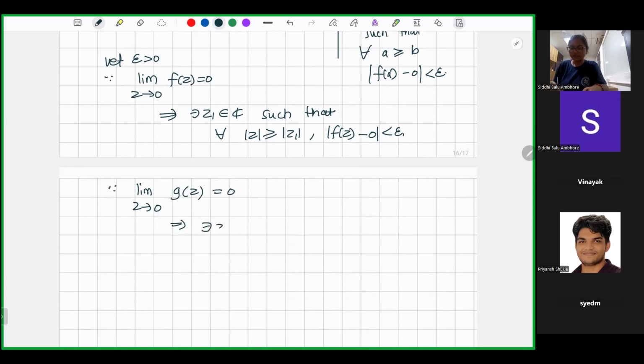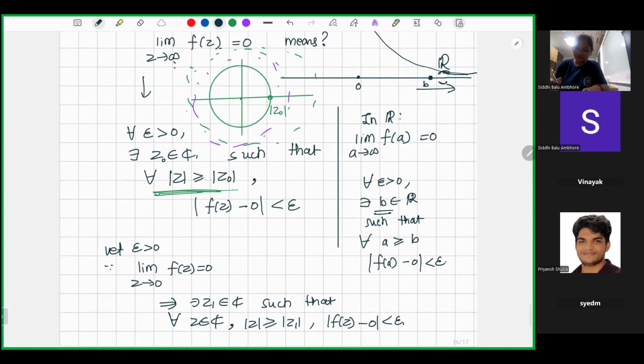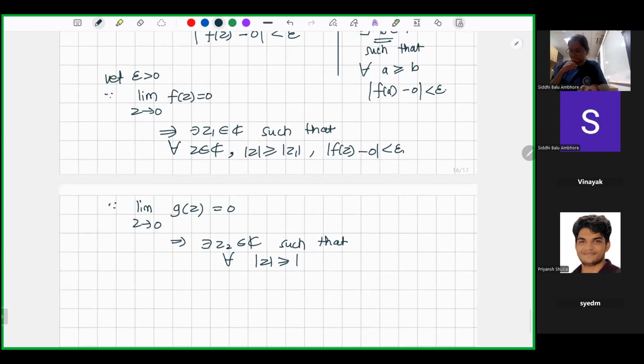This implies that there exists z2 in C such that for all z in C with |z| greater than or equal to |z2|, |g(z) - 0| is less than epsilon.